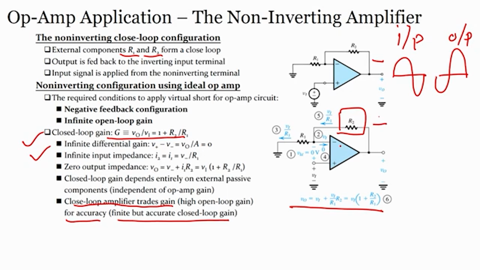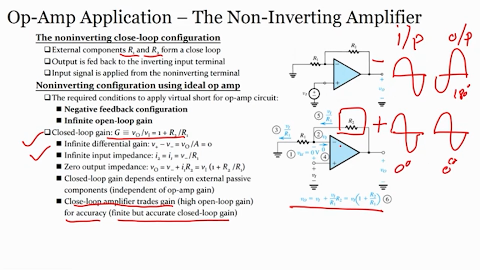In case of the non-inverting amplifier, I am showing a plus symbol. This is not our actual symbol, I am just showing it for ease of communication. So, in the non-inverting amplifier, when you apply an input signal, the output signal will be in phase. This is 180 degrees out of phase, this is 0 degrees, and this is also 0 degrees.